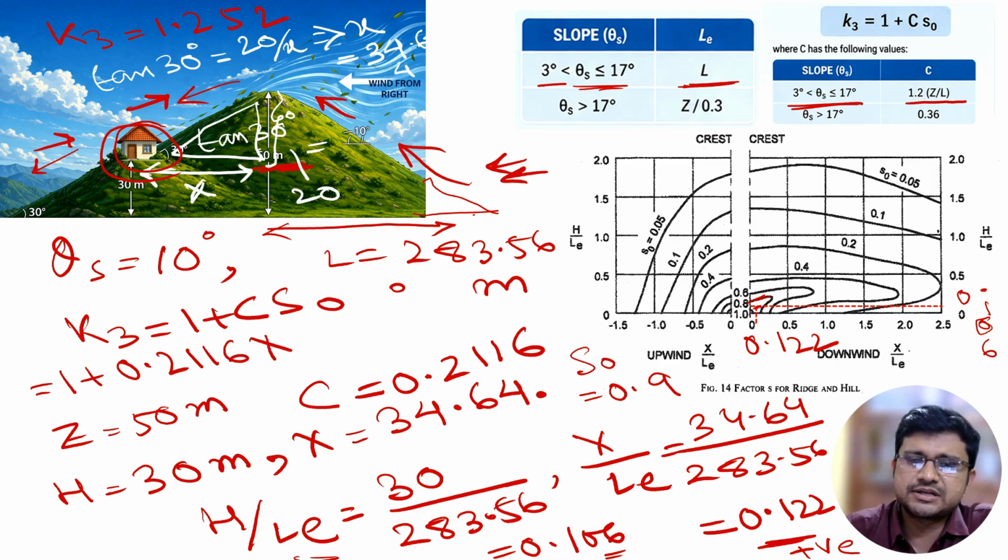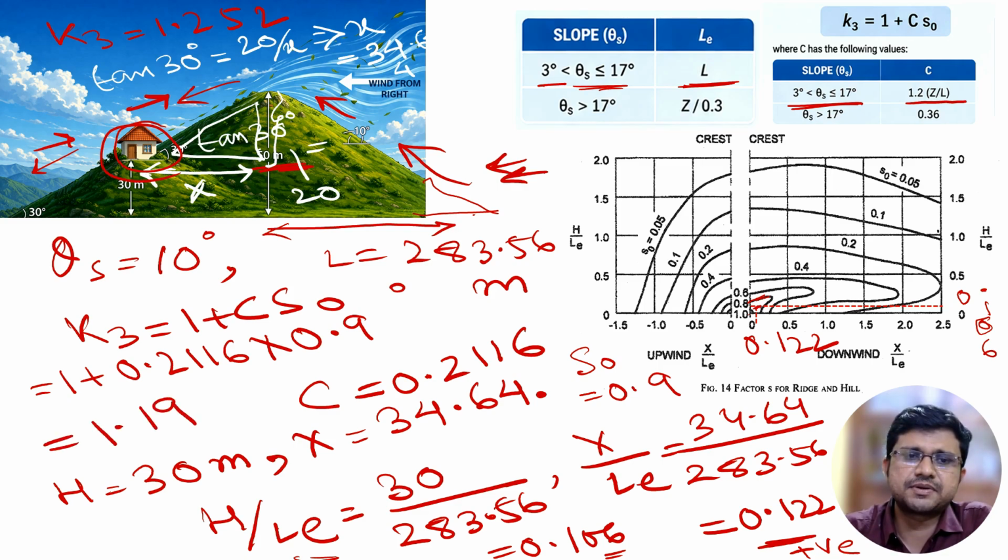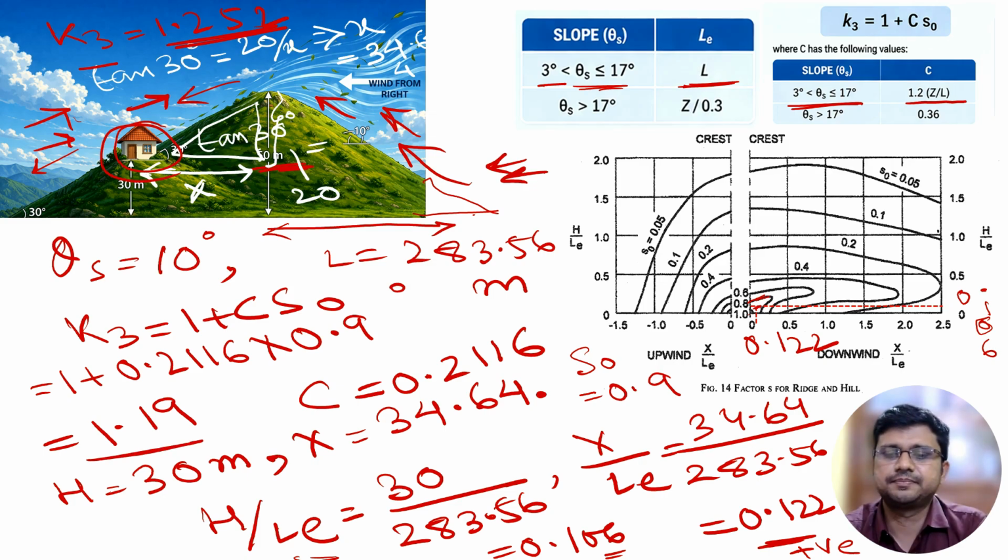S0 we have calculated as 0.9. So the value of K3 will be equal to 1.19. So if the wind comes from the left, we can consider the value of K3 as 1.252, and when the wind is coming from the right, we can consider the value of K3 as 1.19.